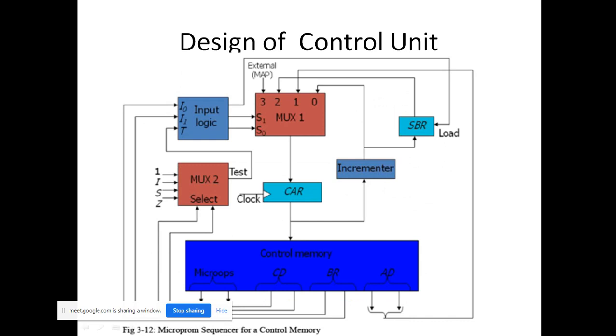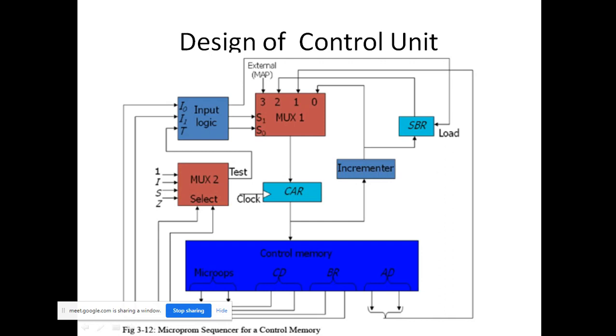I have already explained address sequencing. Mainly here in address sequencing, we select the next address from the sources. That means we have 4 sources, and we select only one source for the next address.